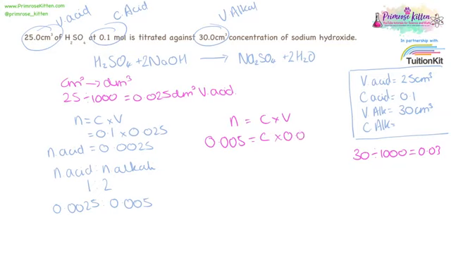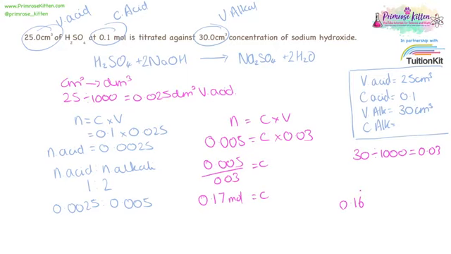So 0.005 divided by 0.03 equals concentration. That is going to give us a concentration of 0.17 moles. I know your calculator says 0.16 recurring, but we do not do recurring in science, so 0.16 is wrong. You need to round it up.